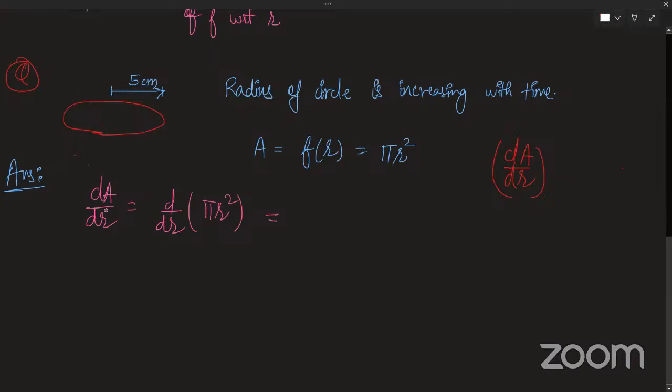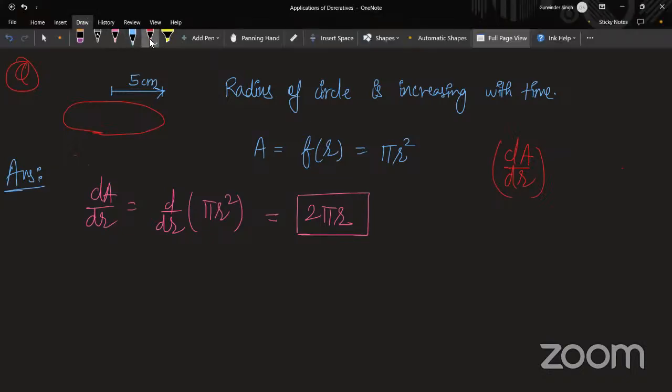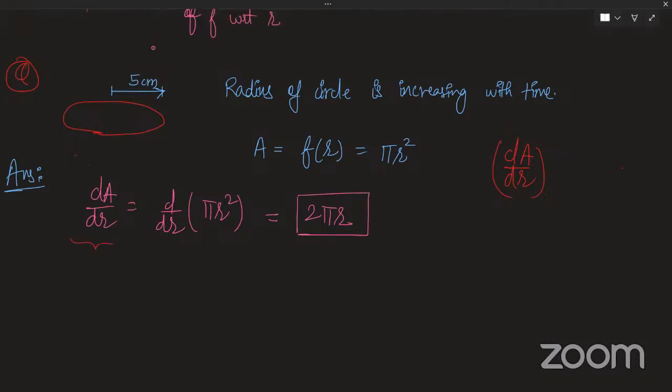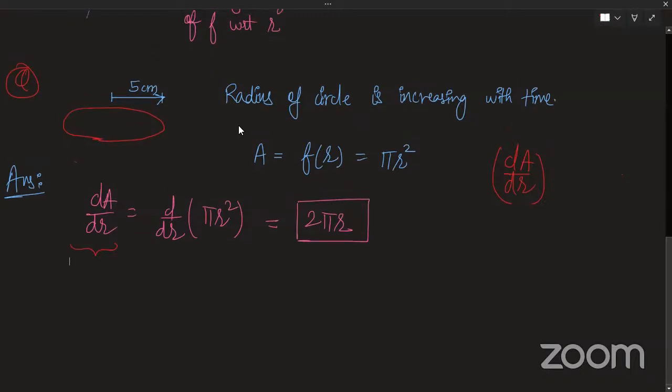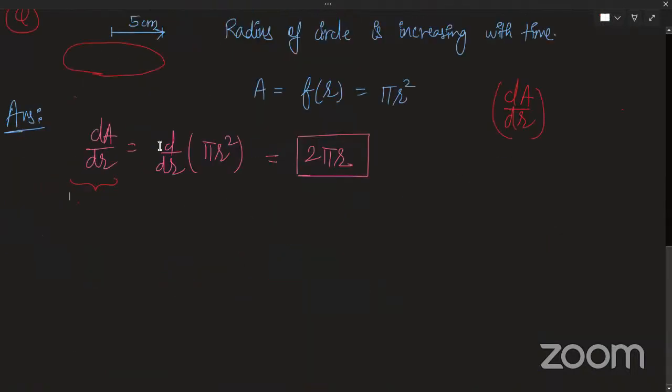Can you tell me what is the derivative of pi r square? Is it 2 pi r? Yes, sir. Right? 2 pi r, everyone. So now I just have a basic question to ask you. What is meant by this term dA by dr? Since we have done this many times, what is meant by the term dA by dr?